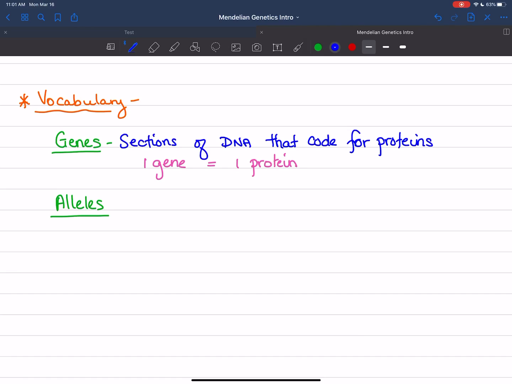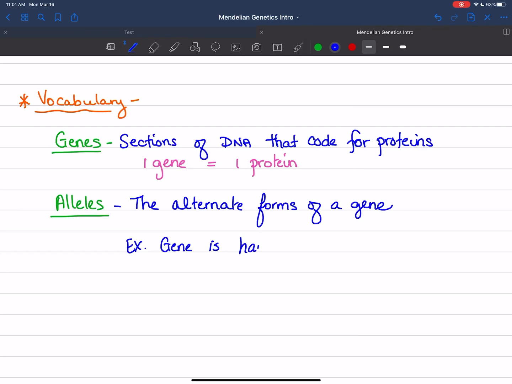Okay, now when it comes to alleles, this is something that we mentioned, but we never wrote down. It's sort of a new terminology. An allele is the alternate forms of a gene. So for example, the gene is hair color.